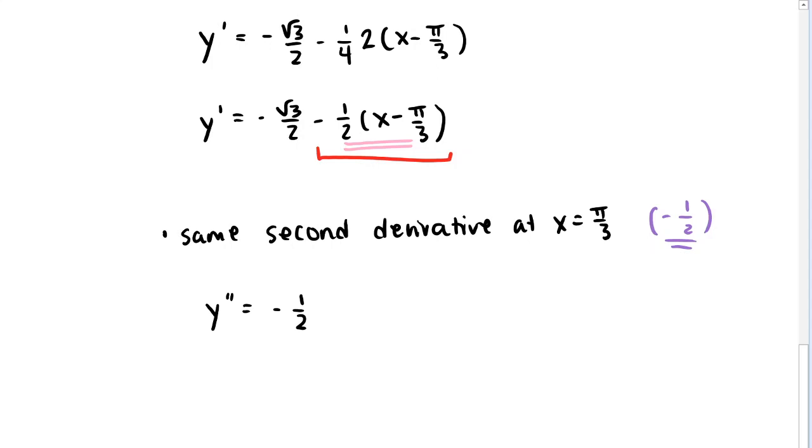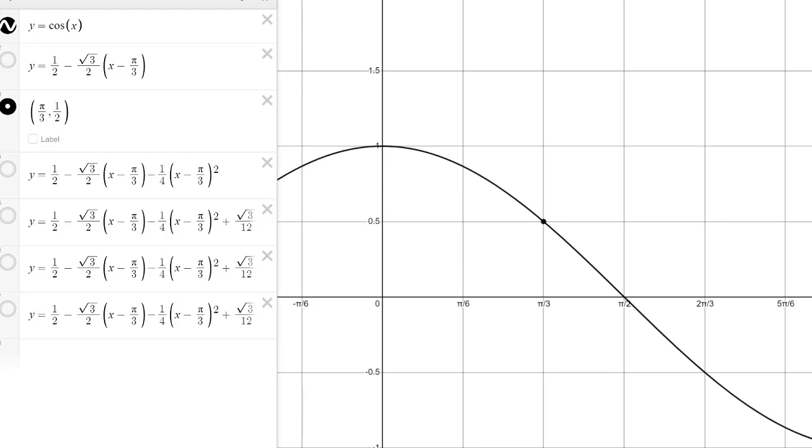And so here, let's take a look at the graphs of all of these different functions. Let's take a look at the graph of our original function, f of x is equal to cosine of x. Let's look at the tangent line, and let's look at this new quadratic function and see how they all compare. So here's our original function, f of x is equal to cosine of x. And then here's our tangent line to this curve, which does a pretty great job of approximating our function. But then here's our quadratic function that we just determined.